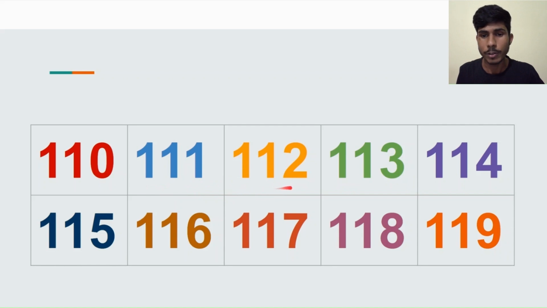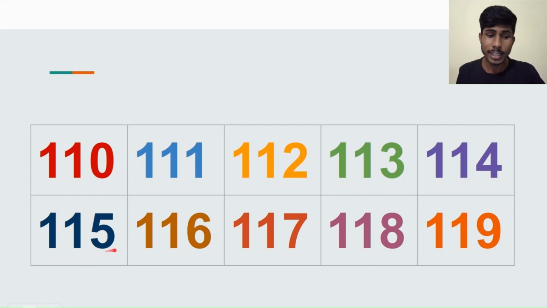This is the rightmost digit here, so you need to change this 2 to 3, you'll get 113. And you need to change this 3 to 4, so you will get 114. Now this is the rightmost digit 4, so you need to change this 4 to 5, so you will get 115.